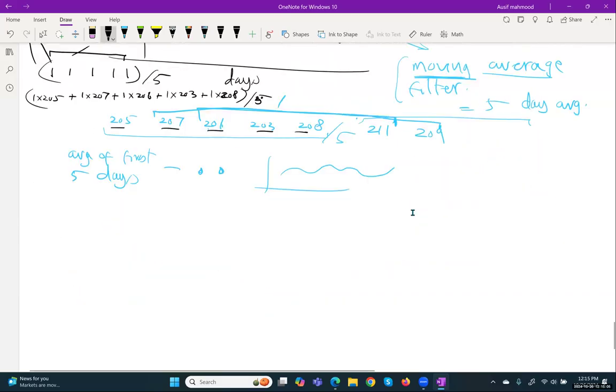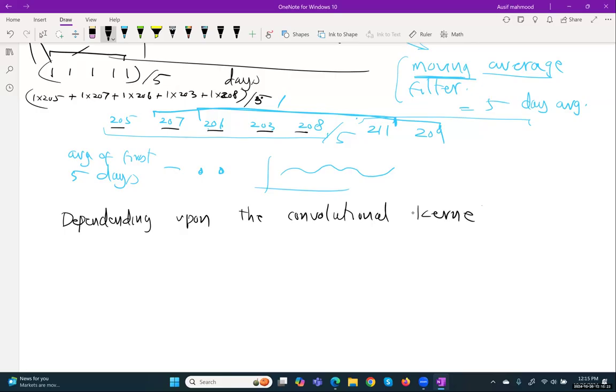It smoothens it out. So to summarize, depending upon the convolution kernel, and when we say kernel, basically it's one of the inputs in convolution, that's what we mean.